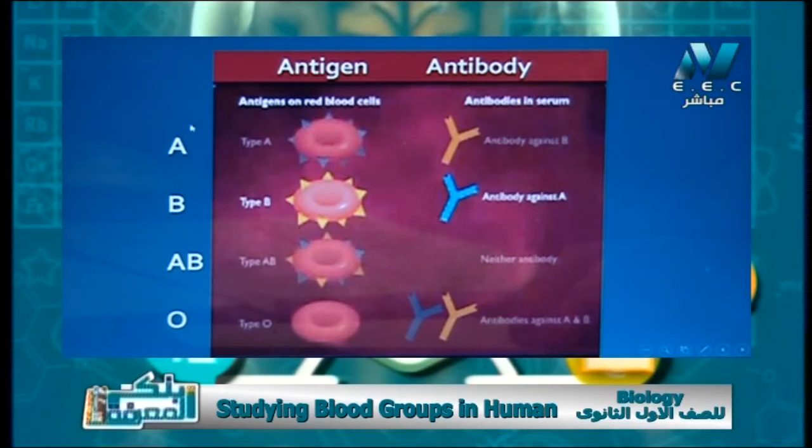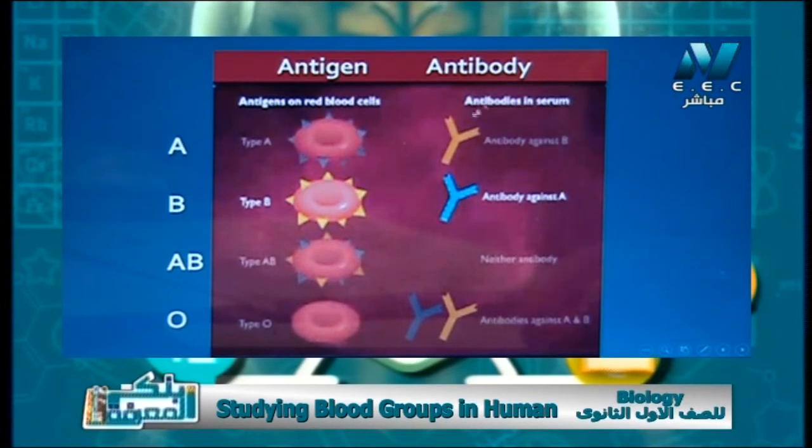The blood group A has antigen type A, and the blood group B has antigen type B. The blood group AB has both types of antigens on the red blood cells, and the type O has no antigens at all. And in the plasma, there are antibodies against the different one.